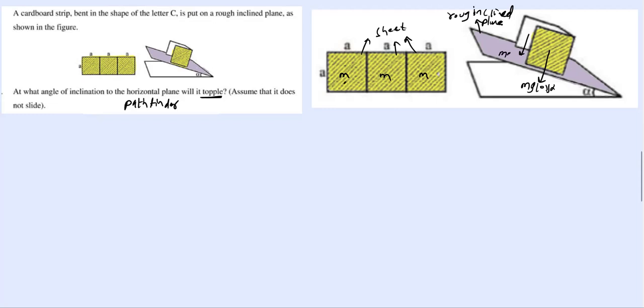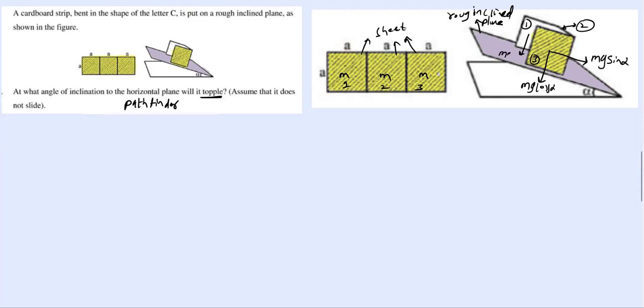We'll do one thing: sheet 1, 2, 3. When you bend it, the third one you are seeing here, one is here, and two is somewhere here. Then its weight will act, Mg sin alpha.